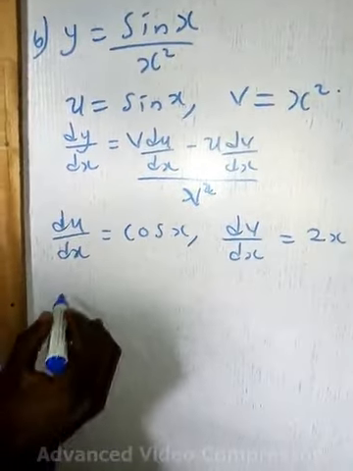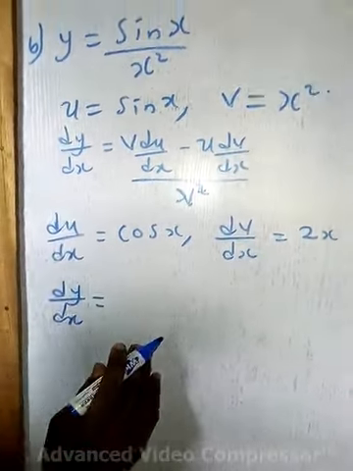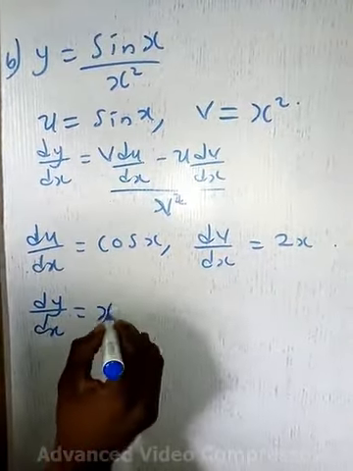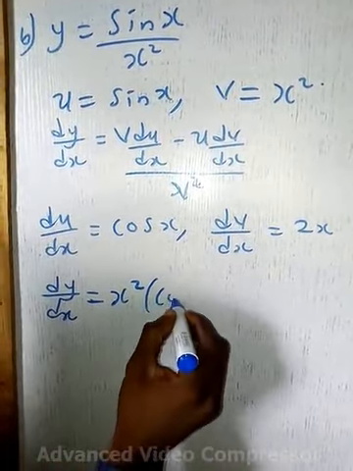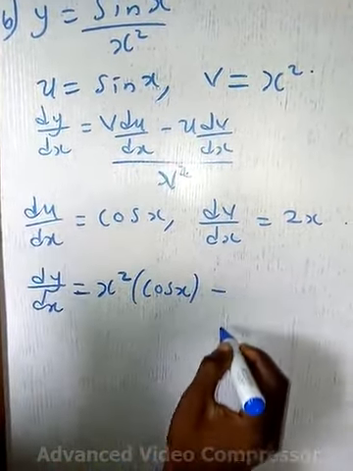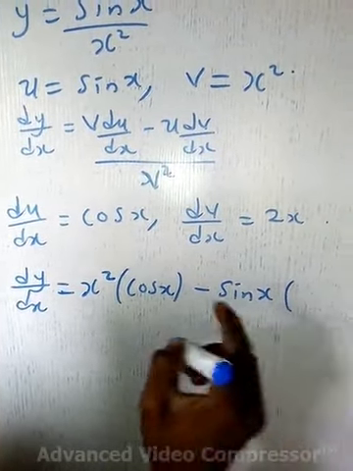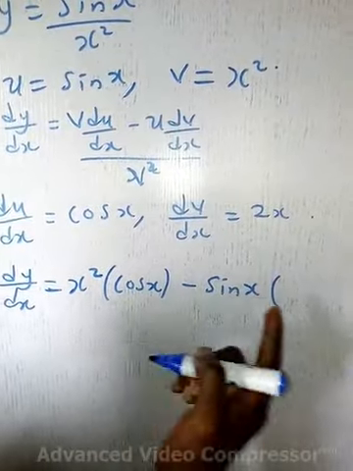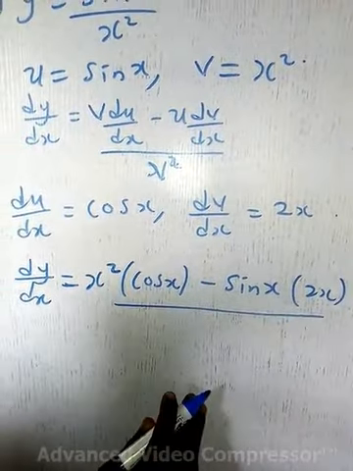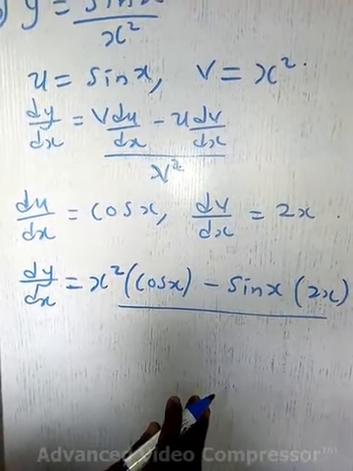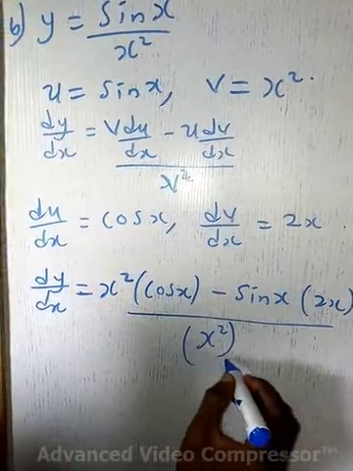in our formula, we have dy/dx is going to be my v. My v is x squared, du/dx, and that's cos x, minus my u. My u is sine x, dv/dx, which is 2x, all over v squared, and my v squared is going to be x squared raised to the power what?